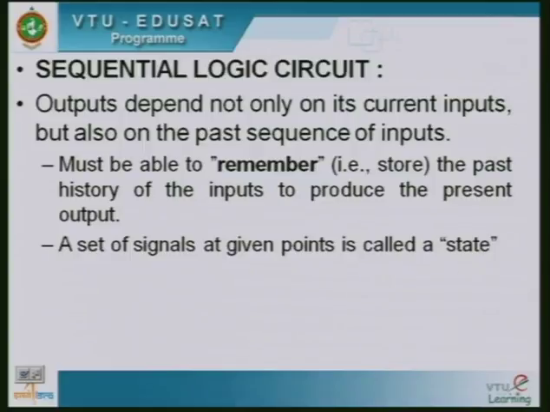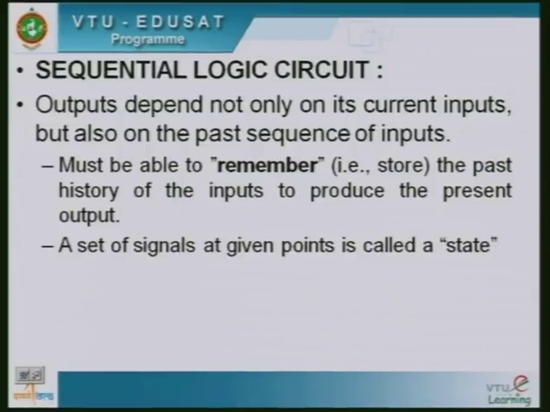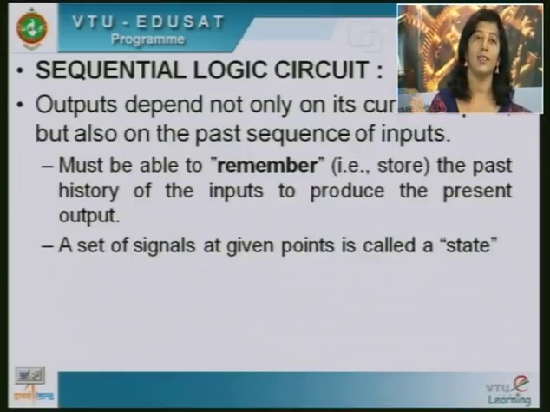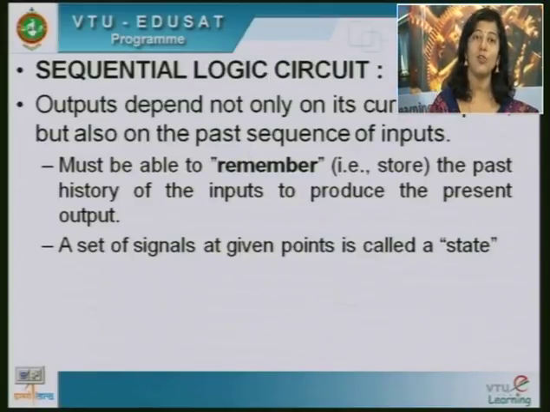That means we have to have some kind of memory incorporated in the circuit. We choose different points in a circuit, and the values of the signals at those particular points are called a state. We will call it the current state, next state, previous state, and so on.